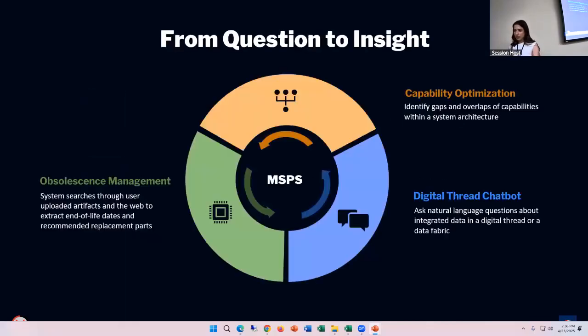So before I jump into some examples of what the platform does look like, I do want to provide a use case example. An analyst can go into the platform, and beginning with the obsolescence management tool, they can perform an obsolescence assessment for their system of interest and identify any obsolescence issues that they have within their system.